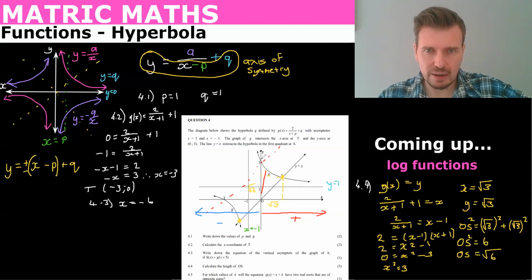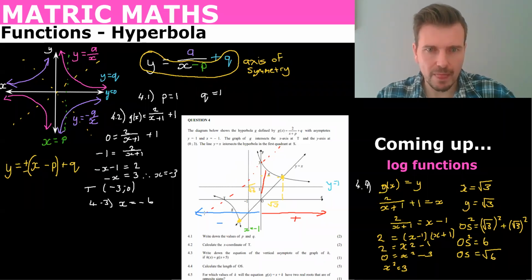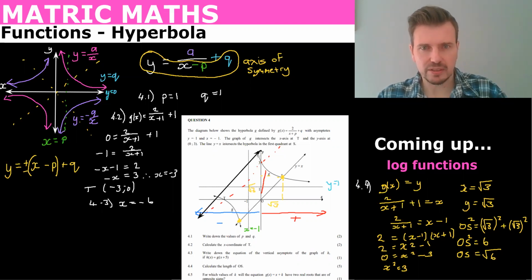Now, if you move the line up further, so let's say I moved it up here, you can see that it's touching the hyperbola both on the blue side of the graph, not on the red side, the positive side. So it would have two positive real roots.